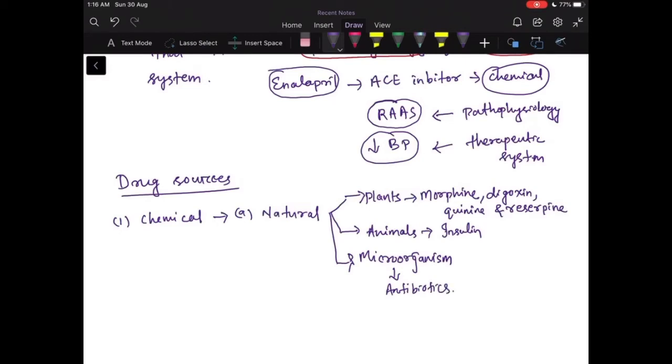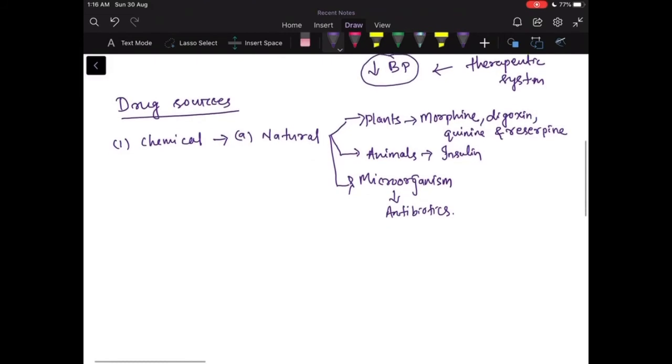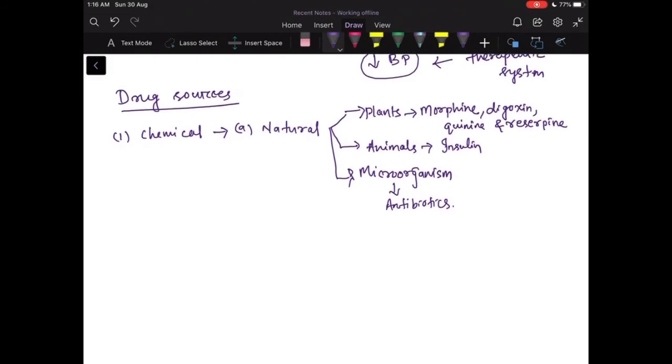Okay. And what are the semi-synthetic chemicals? We take some natural chemicals and make some chemical alteration to the natural chemicals. Those are the semi-synthetic chemicals.